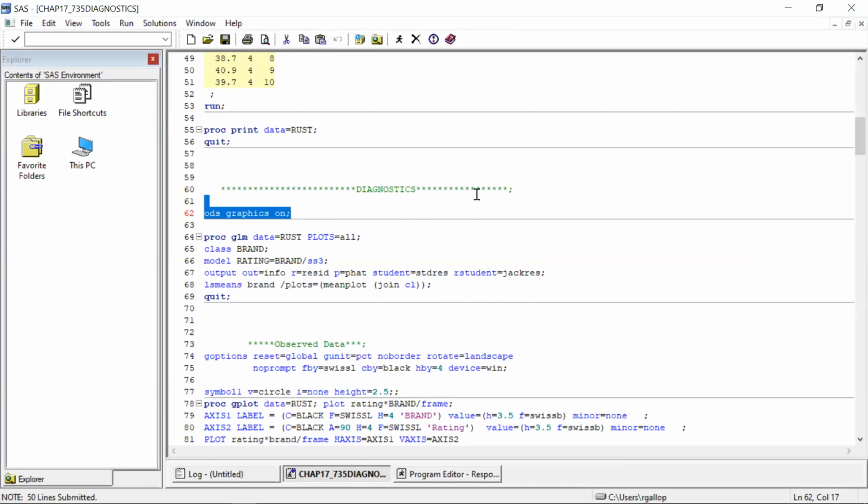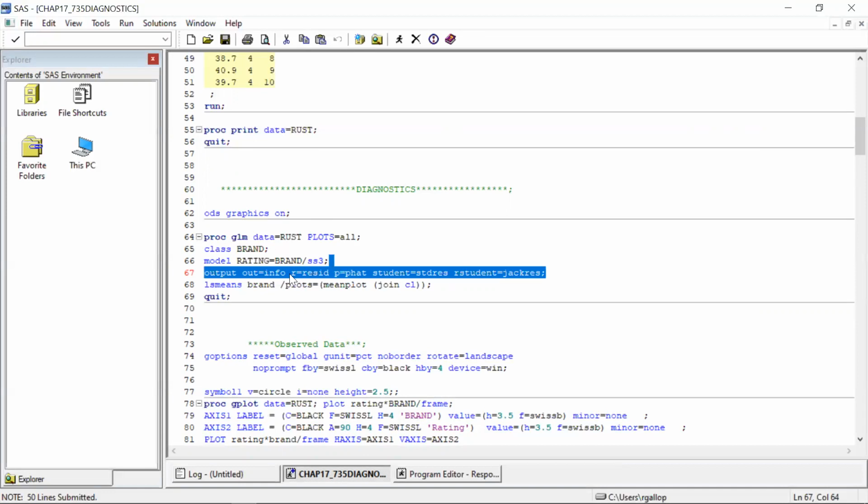Now with the diagnostics plots, a couple of things to point out in line 64. The plots equals all option on that proc line is going to create a lot of the automatic diagnostic plots that we may find useful. In line 67, I'm creating a data set that's going to contain a variable, resid, which are the residuals.